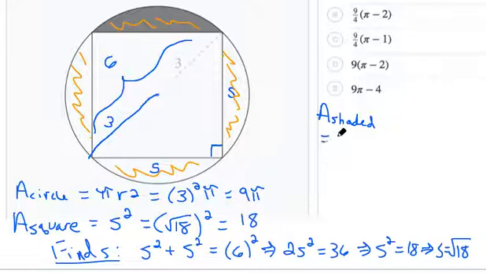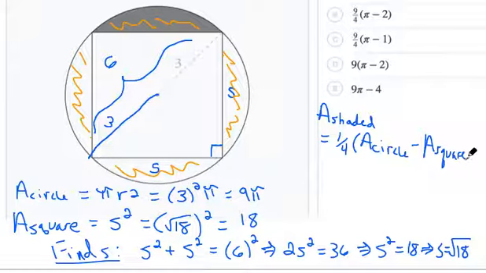is going to equal 1/4 times the area of the circle minus the area of the square. And we have both those values, so let's go ahead and start plugging in. So 1/4 times our area of the circle is 9 pi minus the area of the square is 18.